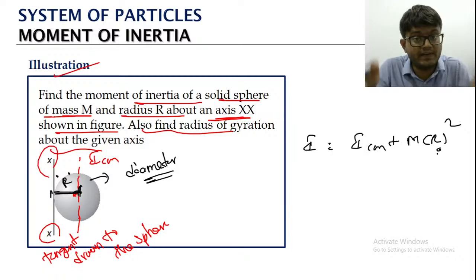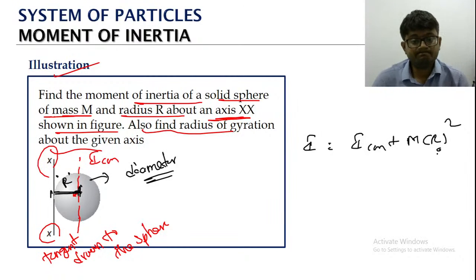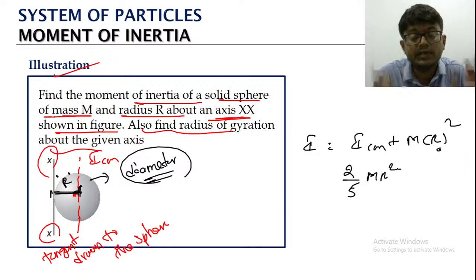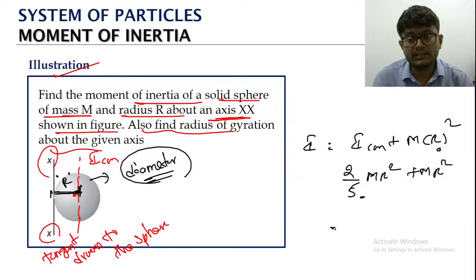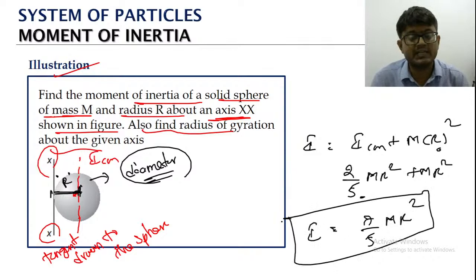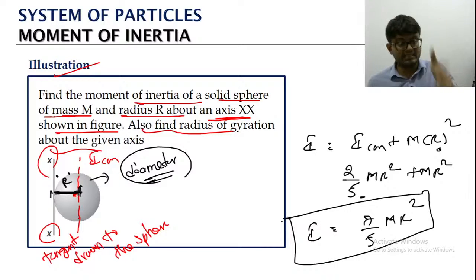This is the distance between both the parallel axes. What is I center of mass? This is the moment of inertia of a solid sphere with respect to the diameter. What is the value? Just now we discussed it: 2 by 5. Solid is lesser, so 5 will come in the denominator. Plus mr square. If you take the LCM, it will be 7 by 5 mr square. That is the moment of inertia about the axis xx, that is the tangent.